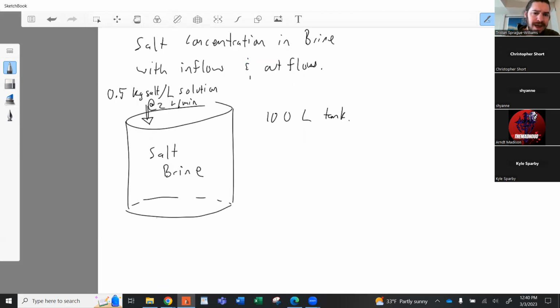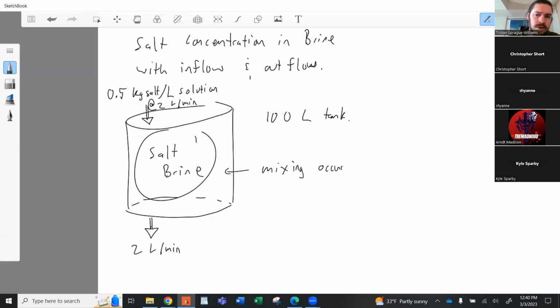And then we also have a brine flowing out at 2 liters per minute. Now, what is the concentration of the brine that's flowing out? Well, it depends, because inside here, we're going to assume that we have mixing. Mixing occurs inside the tank. So we're just going to assume that the brine inside the tank is mixed sufficiently so that it is homogeneous, like same concentration throughout.